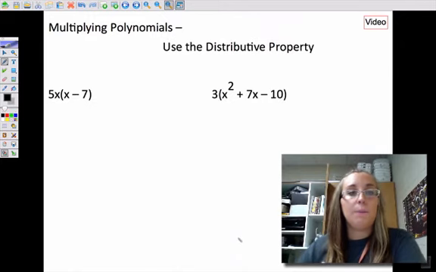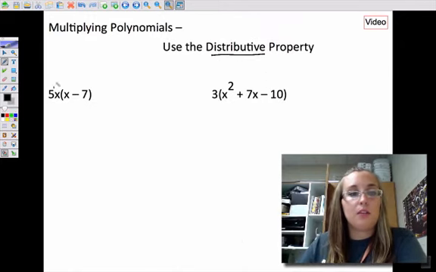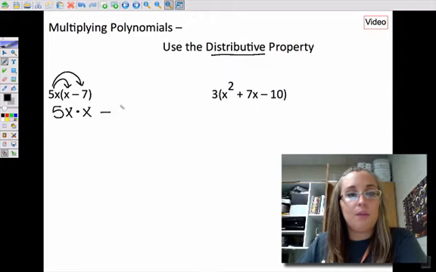So now we're going to talk about multiplying polynomials. This is going to use the distributive property. So we're going to distribute by multiplying this 5x times each part and keeping that sign in the middle of a subtraction. Okay?